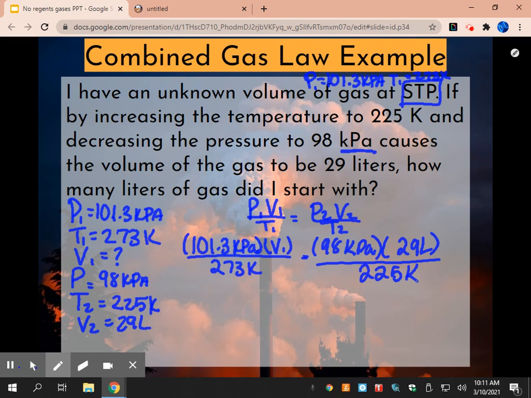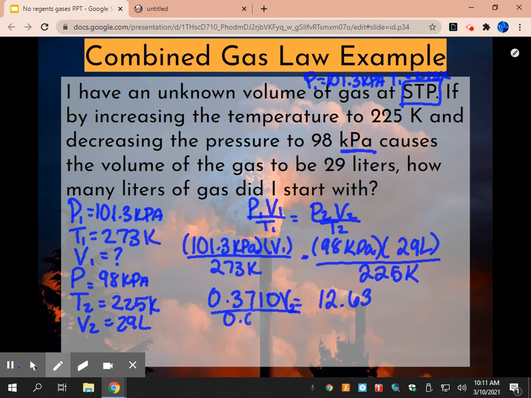If I solve for the right side, 98 times 29 divided by 225, I get 12.63. On the left, 101.3 divided by 273 gives me 0.3710 times V1.